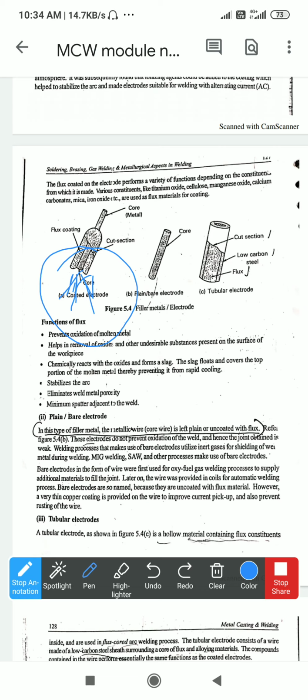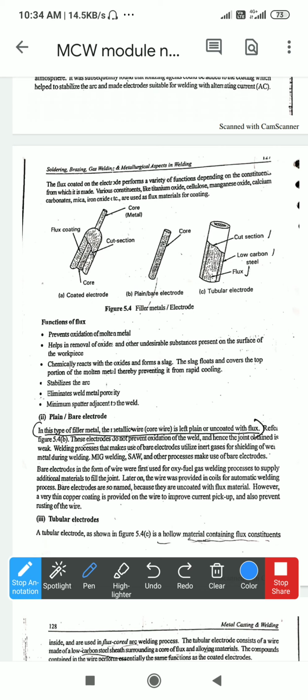Because of that, high pressure air or atmospheric gases don't enter and make the arc vanish. So the arc remains stable because of that shelter.